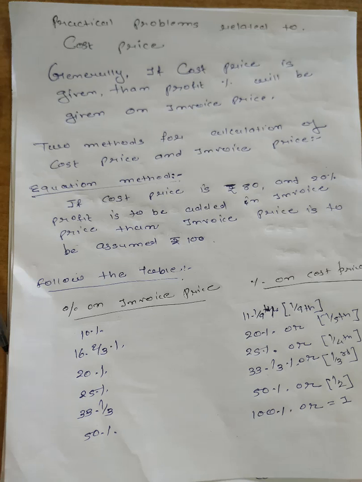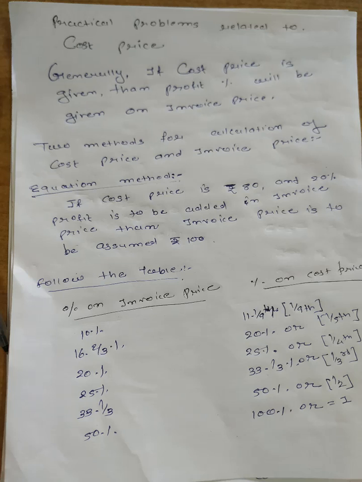So if you want to find out profit percentage from invoice price to cost price, you have to deduct 1 from the denominator of the fraction. And if you want to find out profit percentage from the cost price to the invoice price, you have to add 1 to the denominator of the fraction.